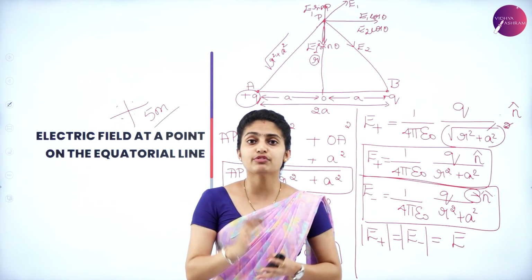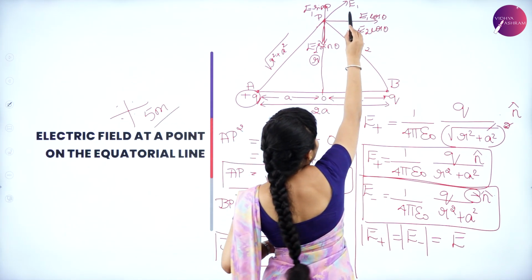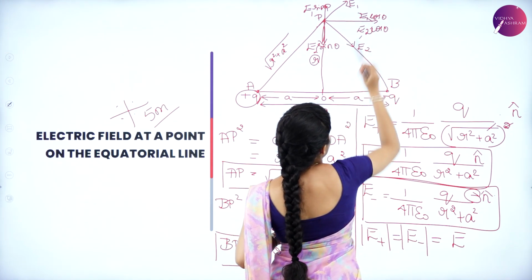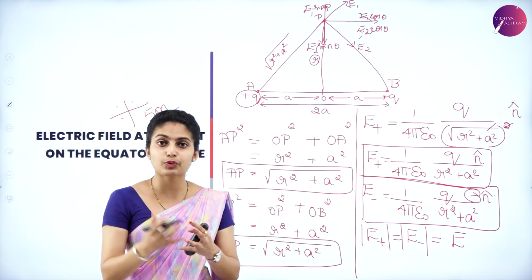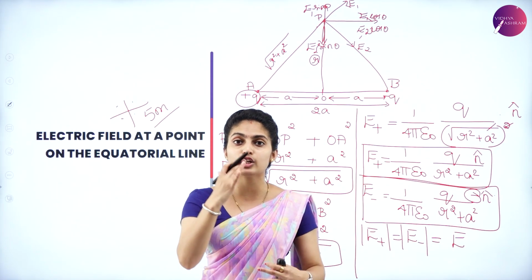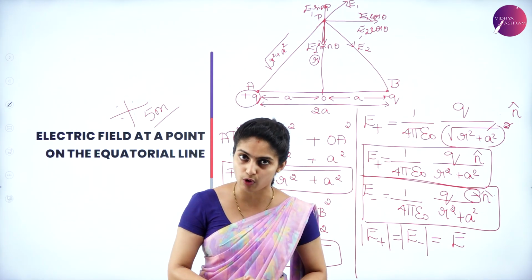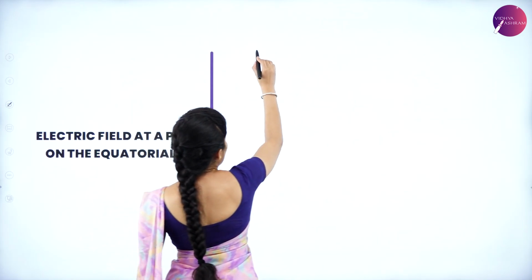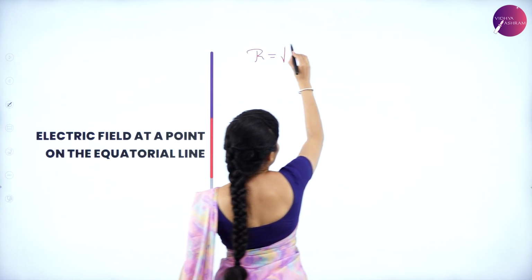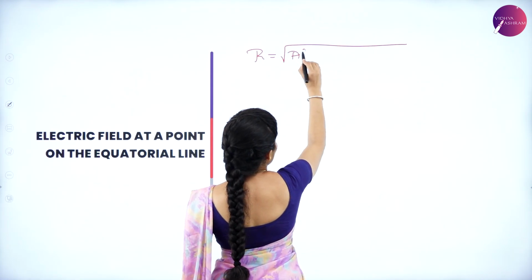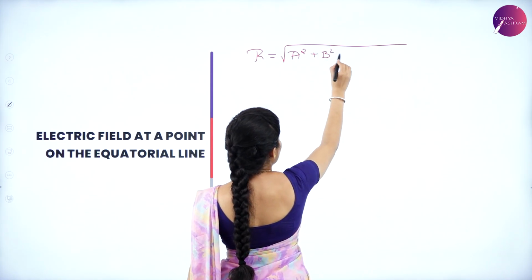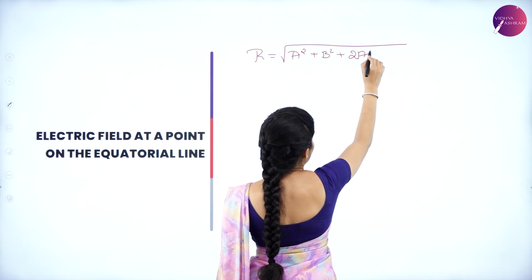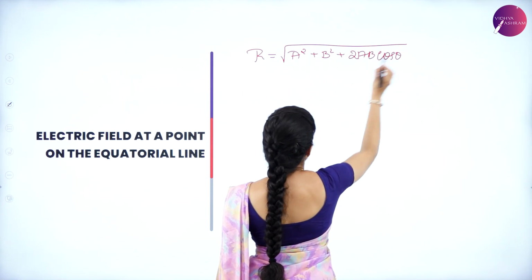Okay, so now we have this diagram in a parallelogram form. When that is the case, we have to take up the parallelogram law of vector addition formula. So what formula does it have? R is equal to root of A square plus B square plus 2AB cos theta.